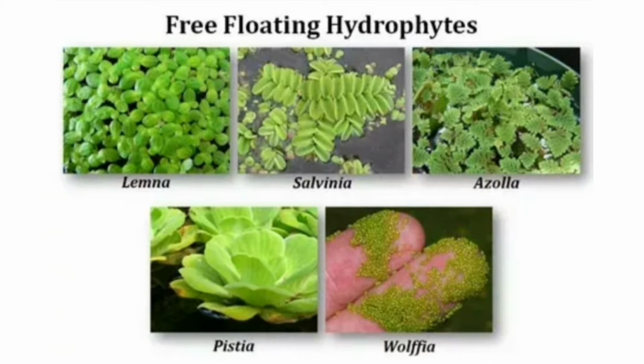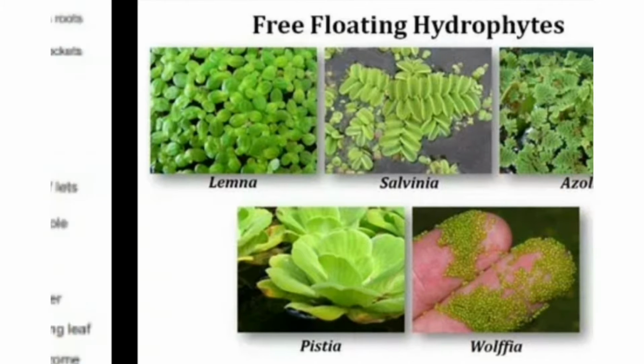These plants float freely on the surface of the water. They are not attached to the soil. For example, water hyacinth, duckweed, etc. There are many more examples; you can see the pictures like Lemna, Salvinia, Azolla, Wolffia, Pistia, etc.